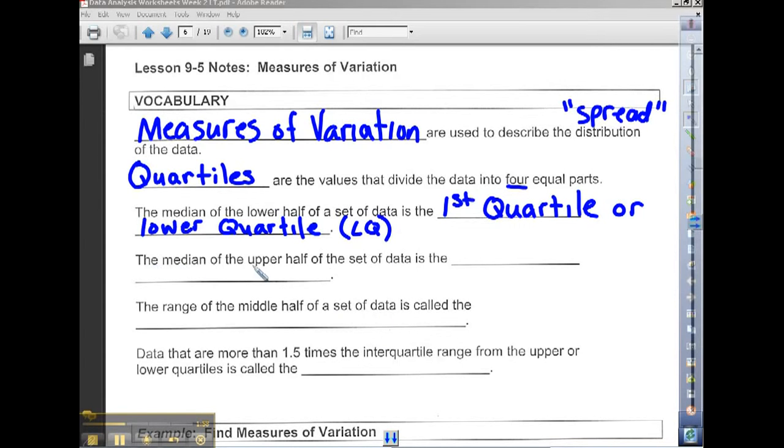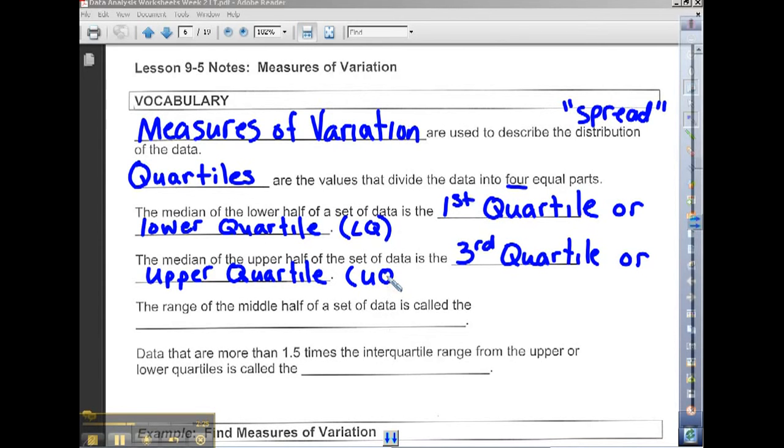Okay, the median of the upper half of the set of data is called the third quartile. Some people call it the upper quartile, and that's what I call it, upper quartile, abbreviated UQ.